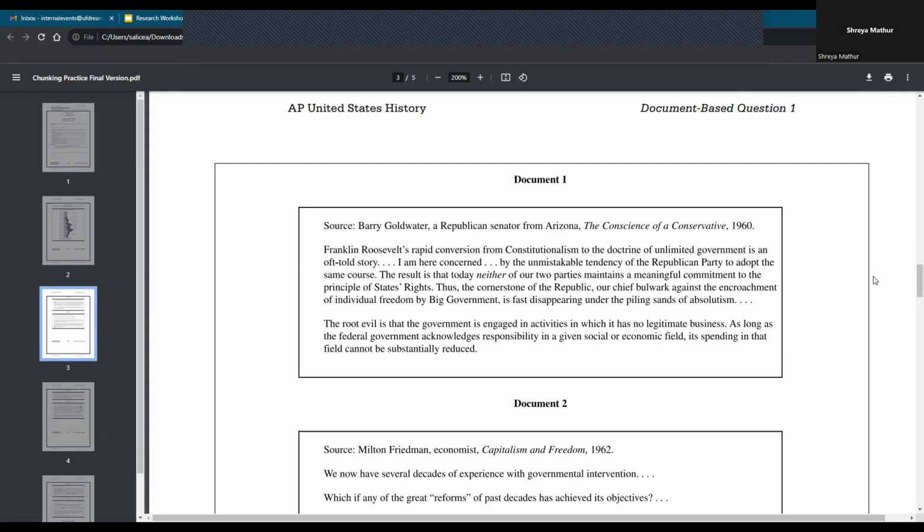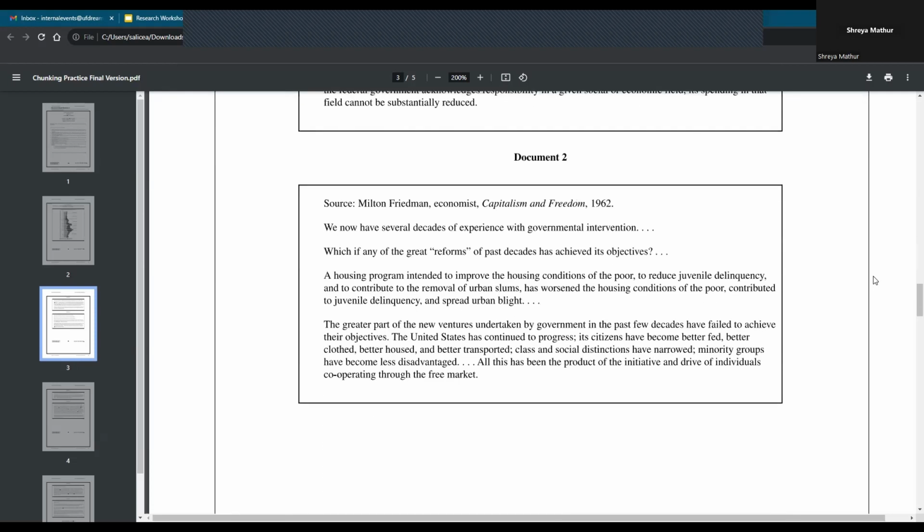Yes. So what is that called? A group. So, document two: this is another economic document, where they're basically saying that it was because of small government and free market capitalism that the US has been able to prosper.